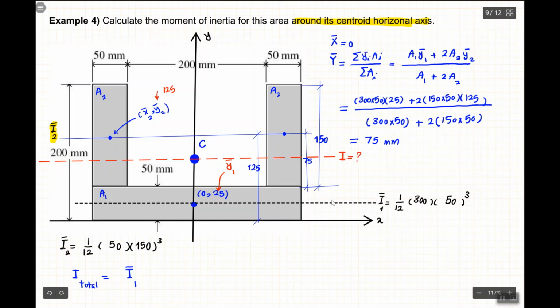We just learned there is a theorem called the parallel axis theorem, so we need to transfer it to that red axis. It gives me I bar 1 plus area 1 multiplied by the distance between these two axes. So what is this distance? Probably we can calculate it.